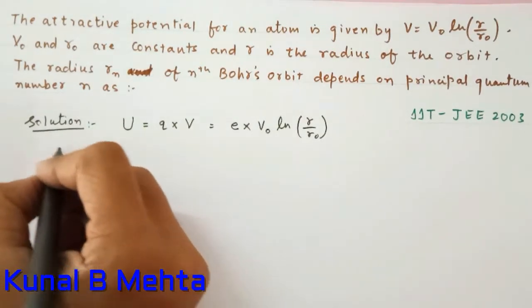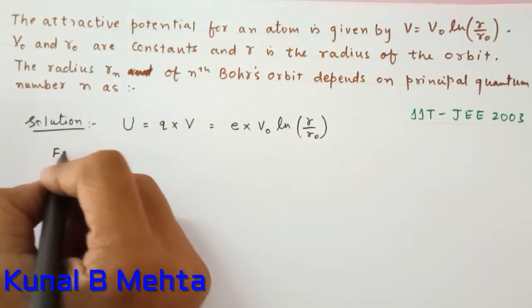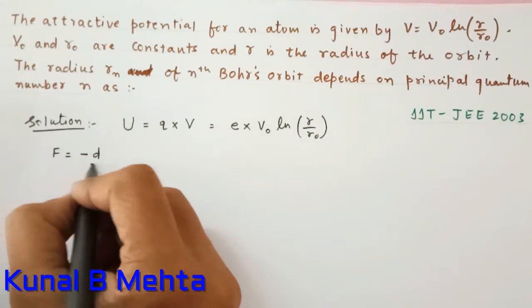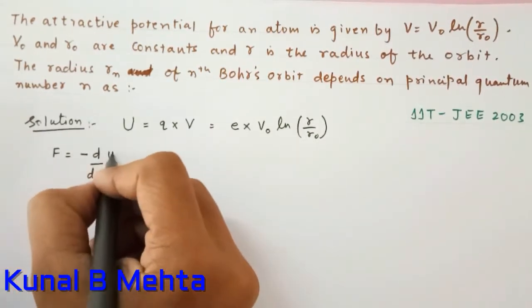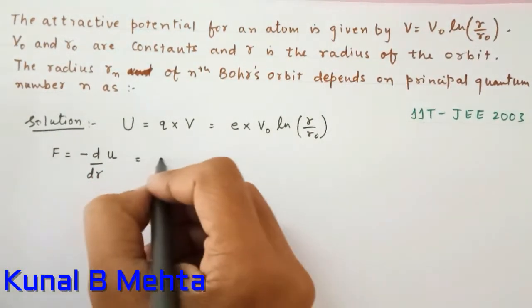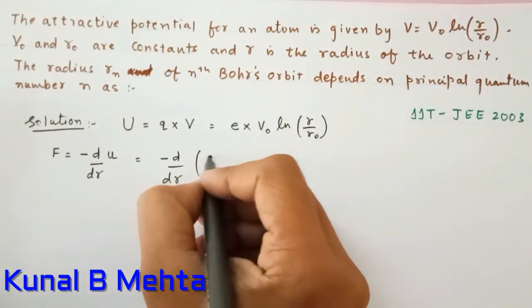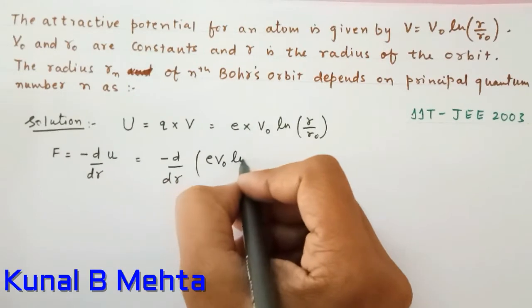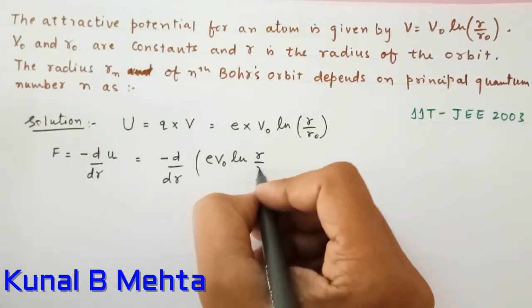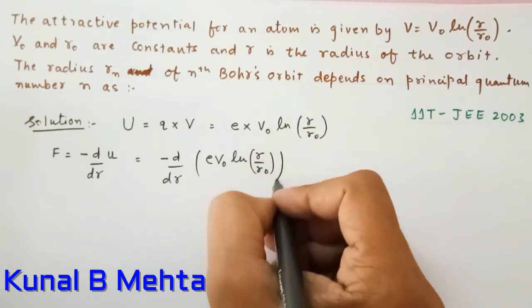Now, since these forces are conservative forces, F is equal to minus d by dr of U. So minus d by dr of the potential energy, that is e times V0 ln R upon R0, like this.